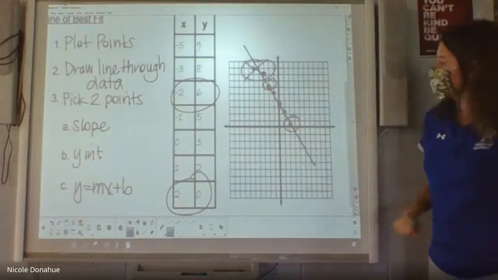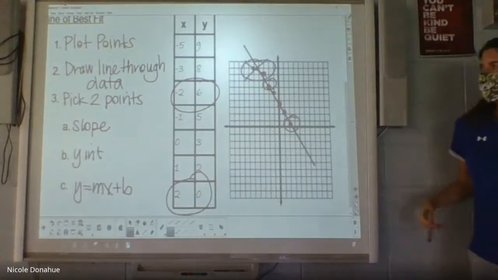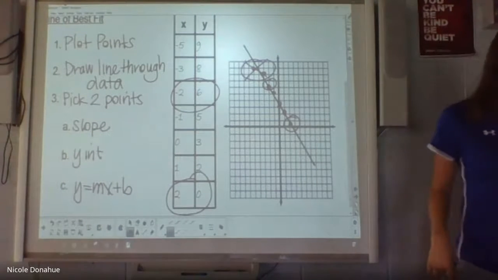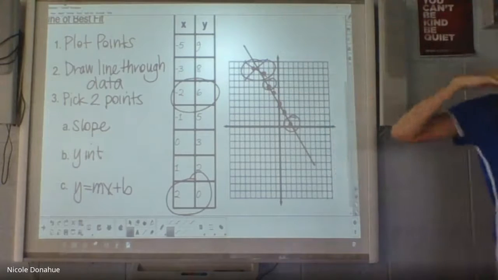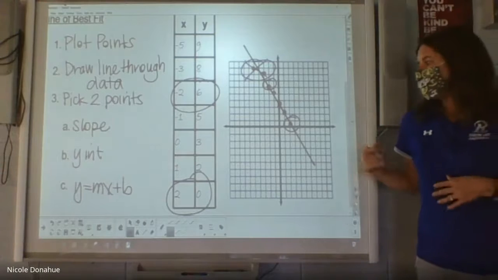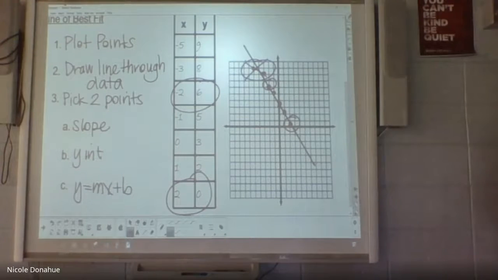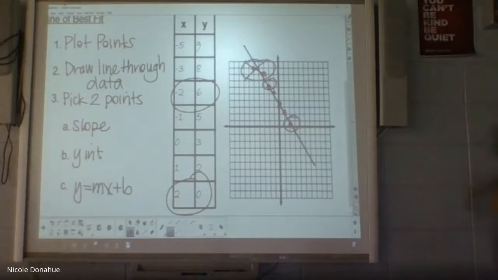Those look okay. Now, had you picked two other points, as long as you're not picking points that would make a line that doesn't go through our data, your slope and y-intercept is going to be close to ours. It might not be exact. This is one time when our homework could maybe be different from one another.